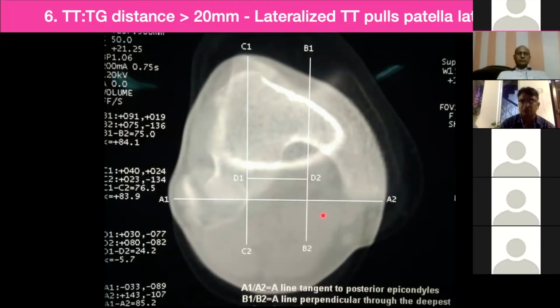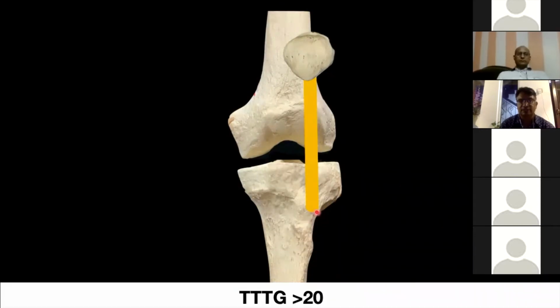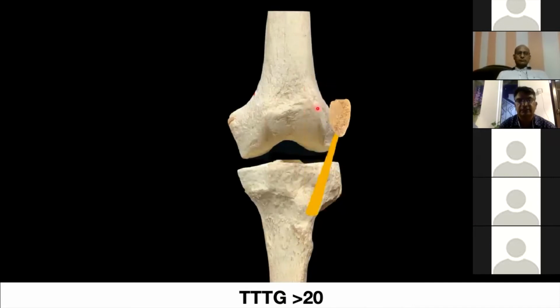So if your tuberosity is placed more lateral, again your pull on the patella is lateralized. Since your pull on the patella, because of the lateral location, is lateralized, again it hits the lateral condyle and your patella falls into the lateral side.